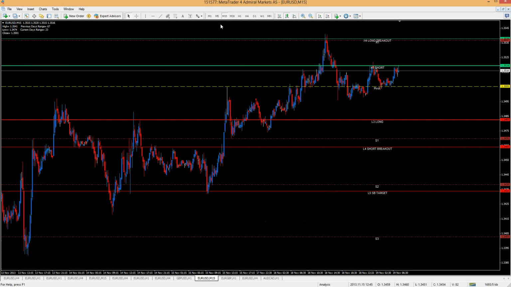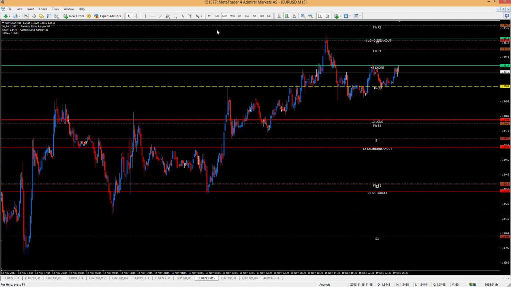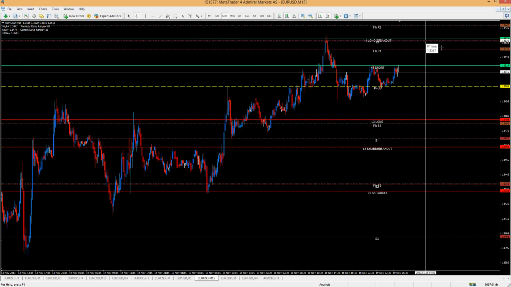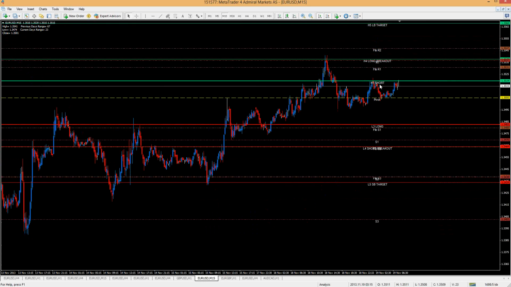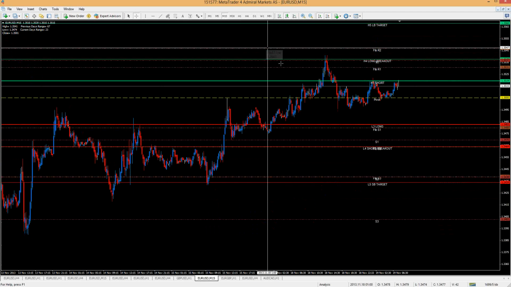Let's see. It's the euro dollar. It says an H4 breakout at 135.37. And we're right at the H3, so we have to be careful. And the H5 target would be 135.68.